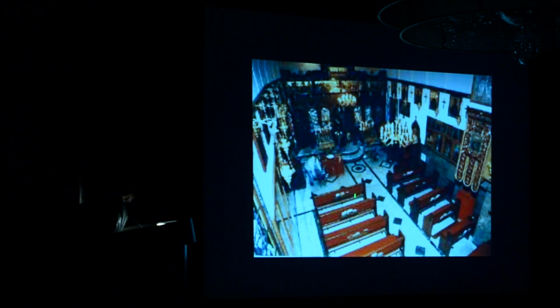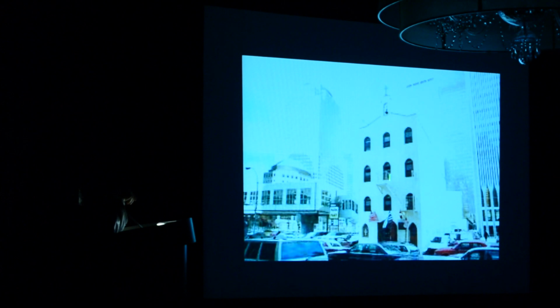It was a small church, St. Nicholas. As you can see here, originally it was an inn, I-N-N, bought by our immigrants in 1892, used as a community center.